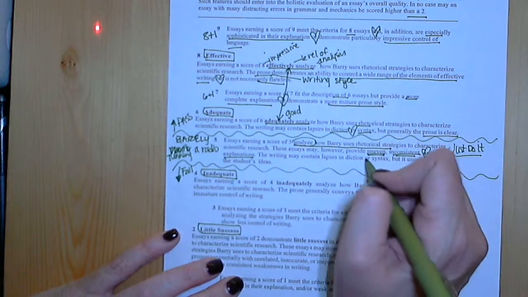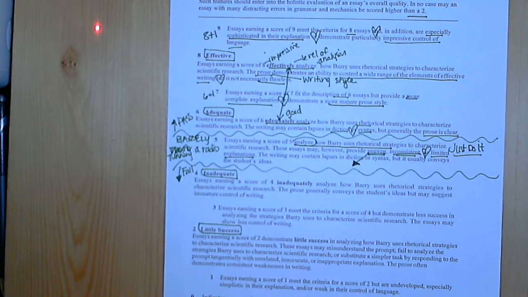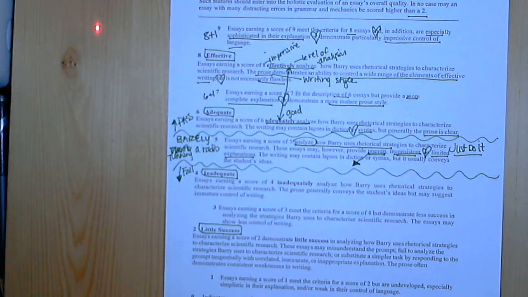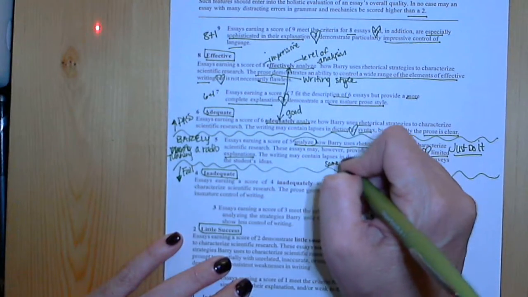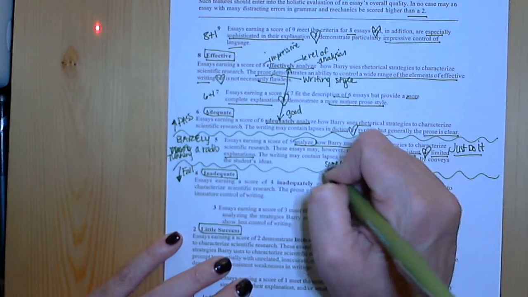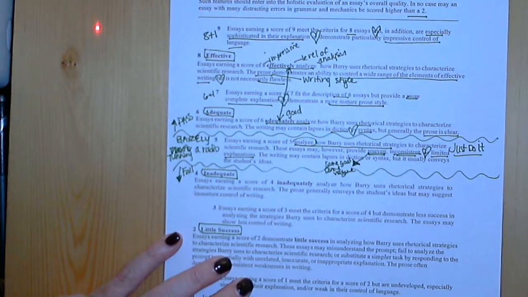So let's talk. What does it mean to have an uneven explanation? Sometimes what? Okay, so I would say some is good and some is vague. That's uneven.